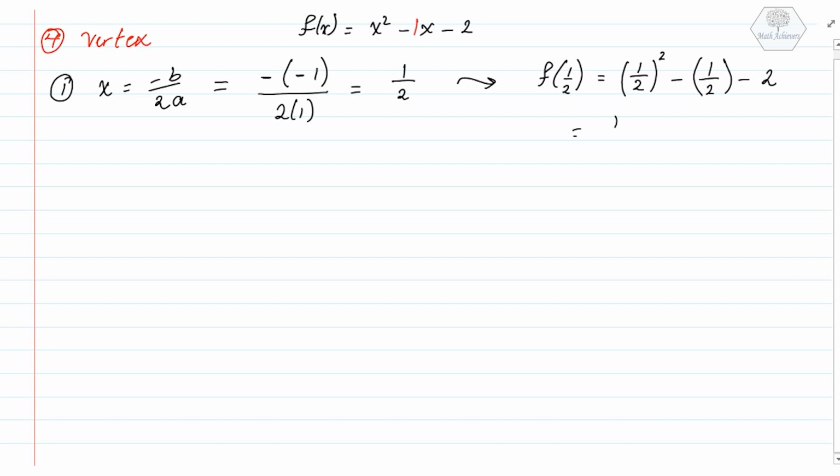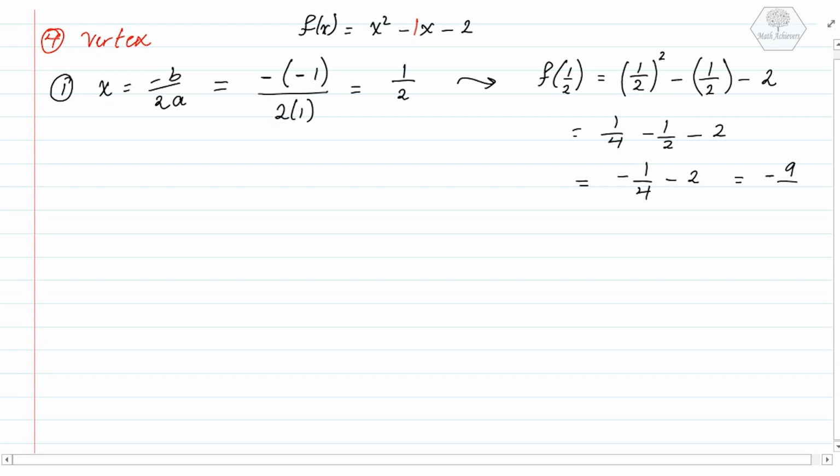So it's 1 over 4 minus 1 over 2 minus 2. 1 over 4 minus 2 over 4 gives minus 1 over 4, minus 2, which is minus 1 over 4 minus 8 over 4. We have minus 9 over 4. So the coordinate of the vertex here is half with minus 9 over 4.